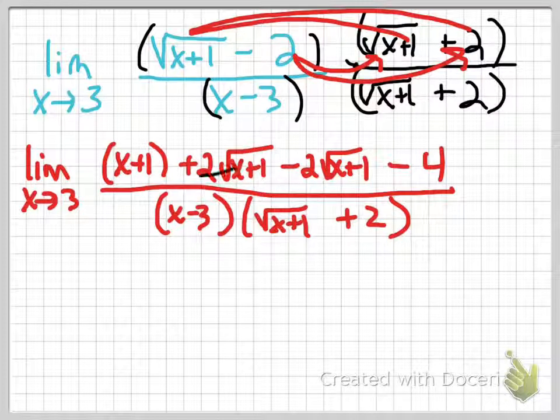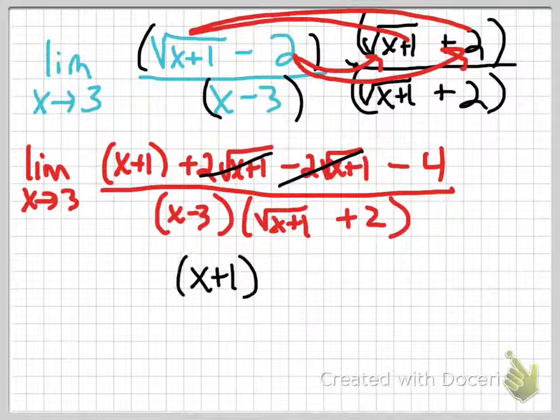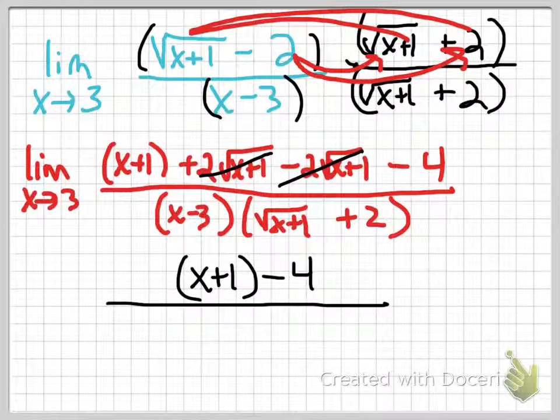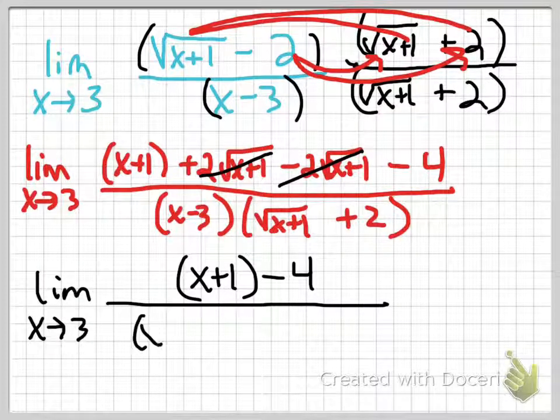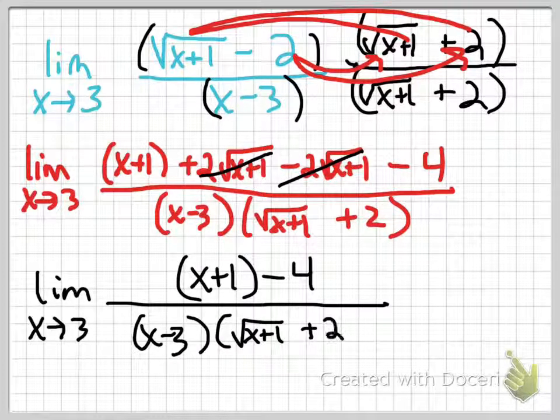So 2 square root x plus 1 minus 2 square root x plus 1 cancel. And I have technically x plus 1 minus 4 left on top of this fraction. Limit as x approaches 3, all over x minus 3 times radical x plus 1 plus 2.